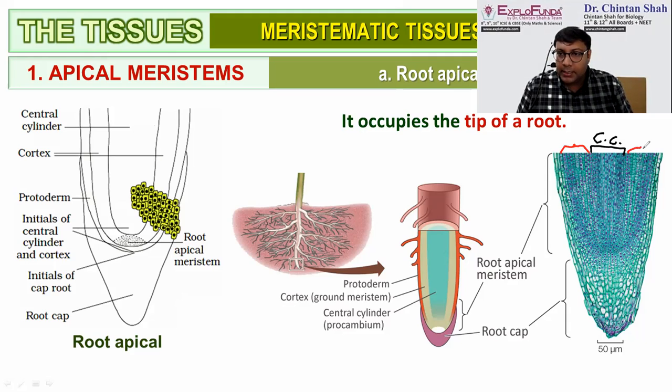Can you see in the first figure? That is a schematic diagram, and this is the real diagram. So we can say on either side, there is a cortex. So I'm just writing over here, cortex. So this is known as a cortex.